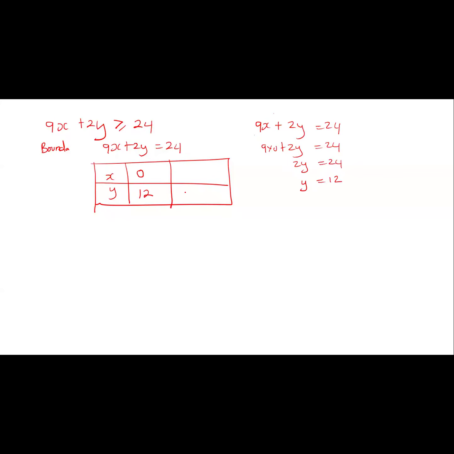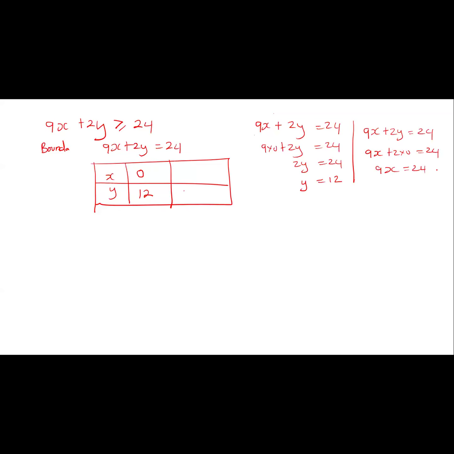Then you ask yourself, when y is equal to 0, what are you going to have? You are going to say 9x plus 2y is equal to 24. Now, when y is equal to 0, you'll have 9x plus 2 times 0 is equal to 24. So you'll have 9x is equal to 24.